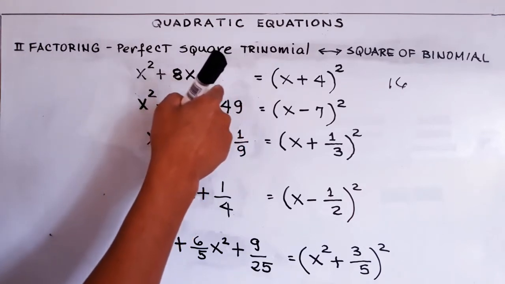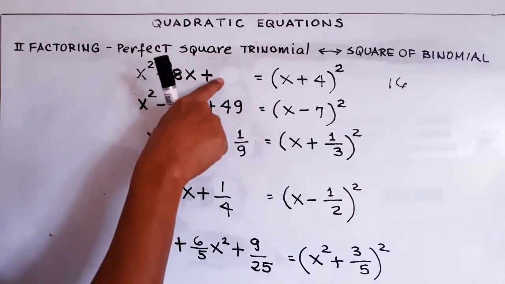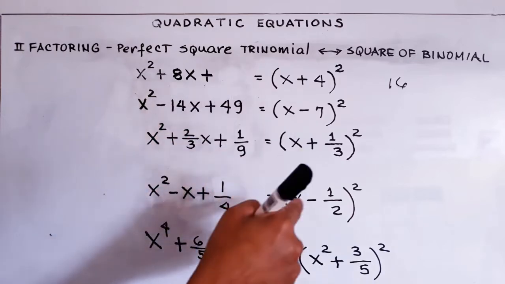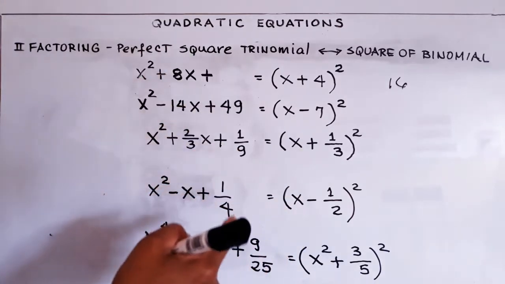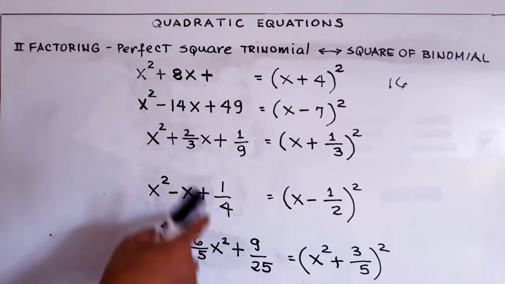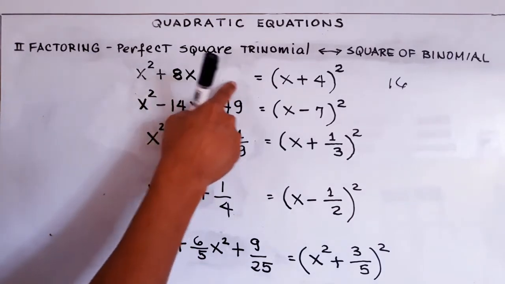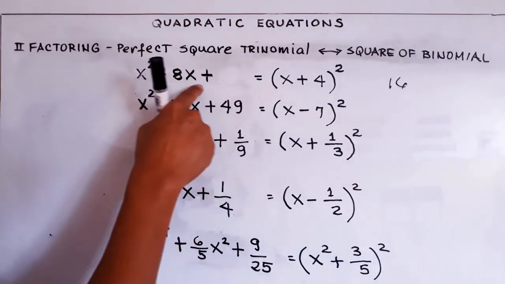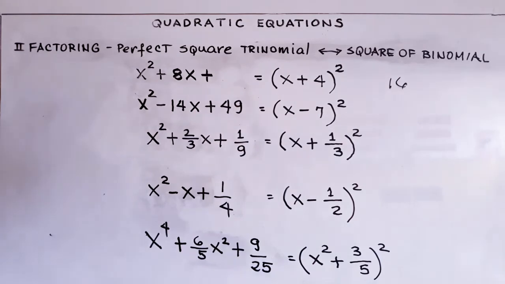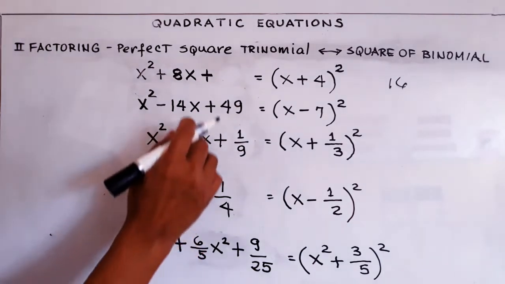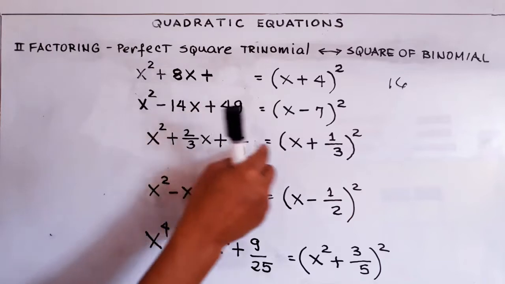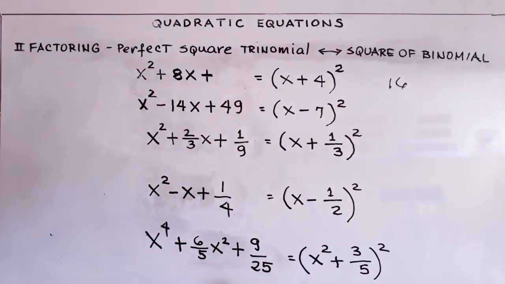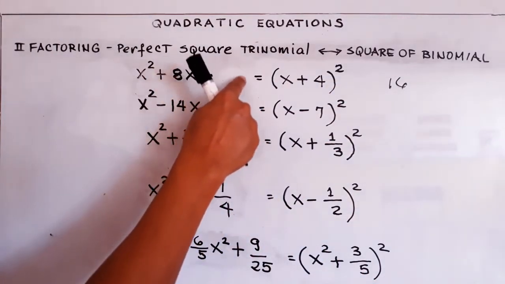This lesson today is also about the next method of finding the solutions of quadratic equations, which is completing the square. So we need to put a number here so that these 3 terms will be a perfect square trinomial, and we can factor it like this. So what is the number here to make this a perfect square trinomial?